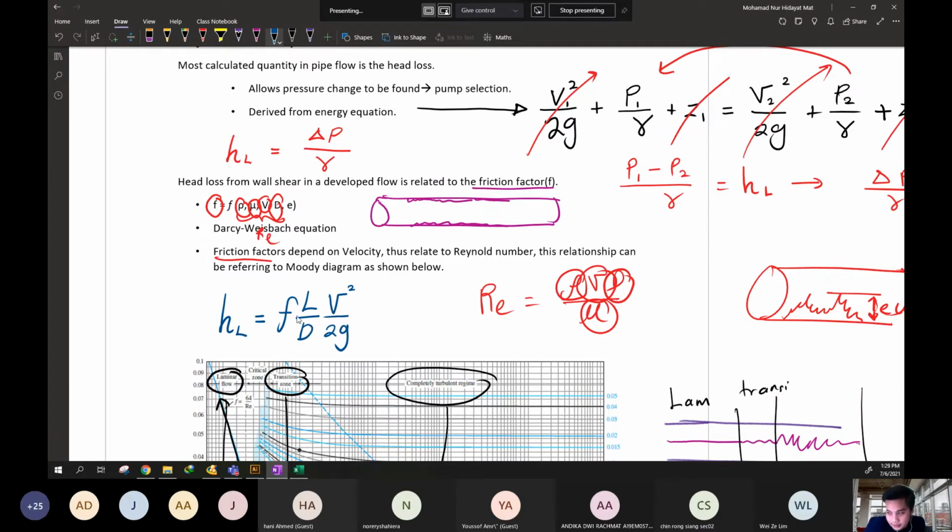I hope you can remember this. Basically, it is the same as this. The head loss is the friction factor multiplied with L over D, V squared over 2g. This is the calculation to get the head loss related to the major losses. Where's the major losses? This friction is the major loss.